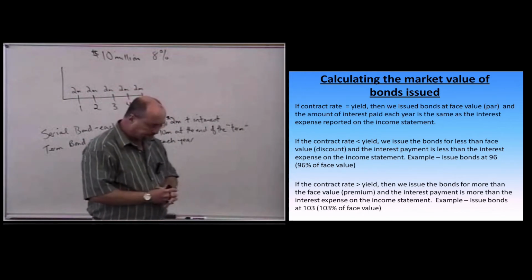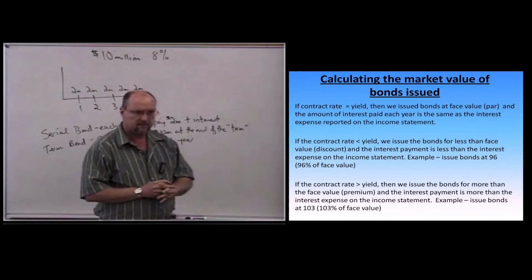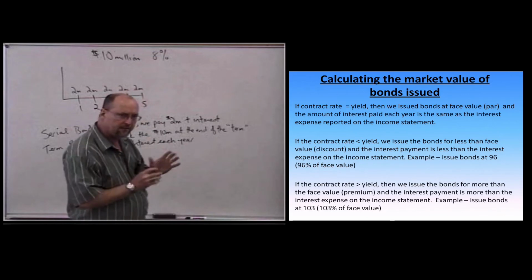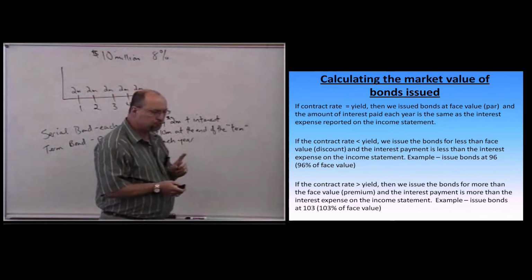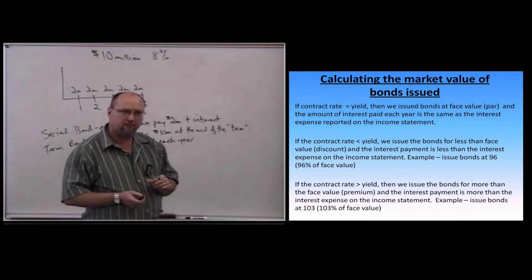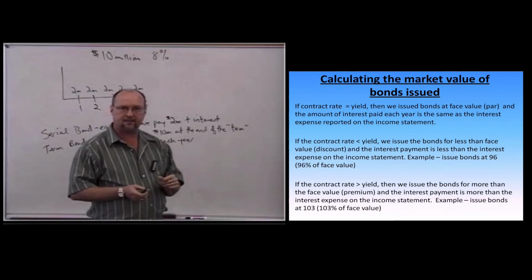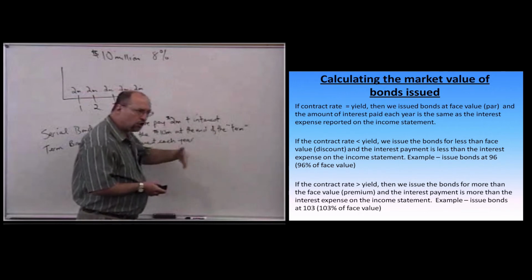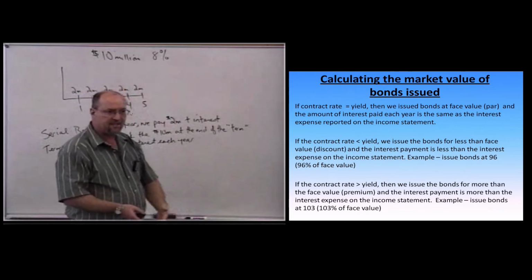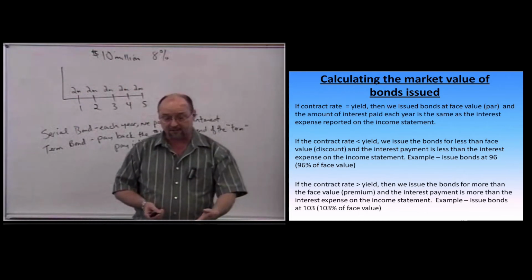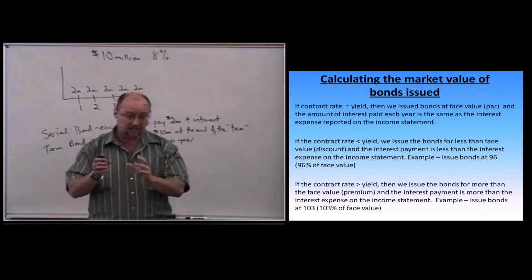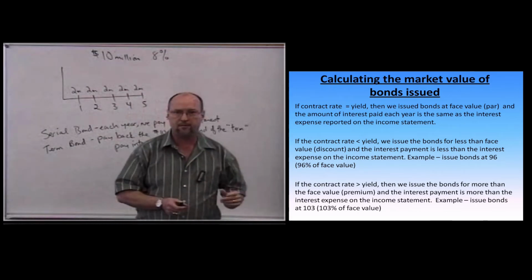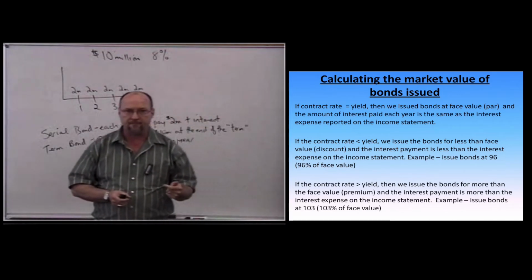Okay, now, here's the general concept that you have to try to understand for bonds. It's rare that the market rate will be the same as the contract rate because we have to lock in the contract rate early on in the process because we have to print a lot of documents that say, okay, the bond's face value is $10 million. We're going to pay you 8%, 7%, whatever it may be. Okay?